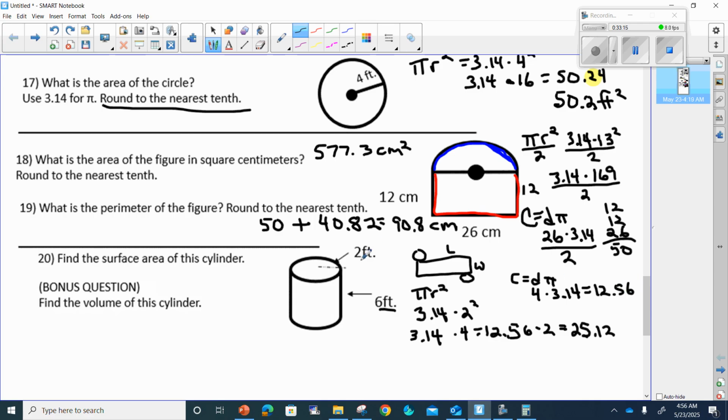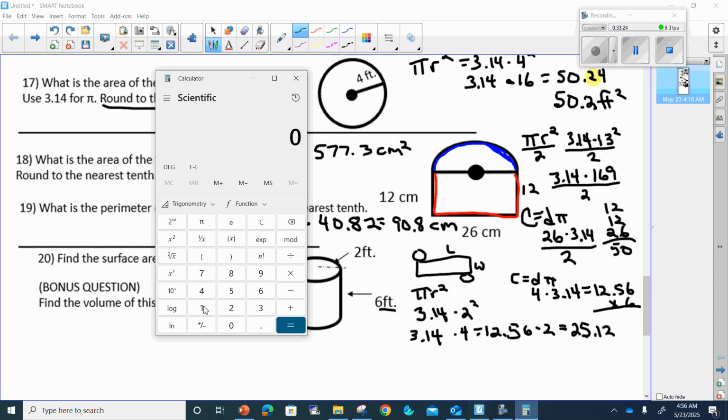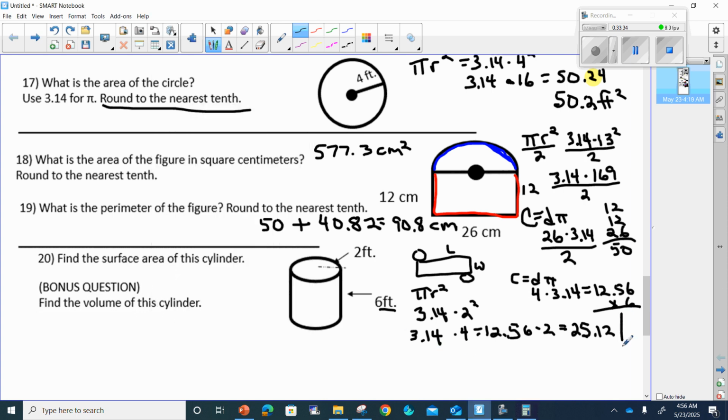Now remember, we have to multiply this by 6. 12.56 times 6 equals 75.36. We have to add this to the area that we found for the circles.